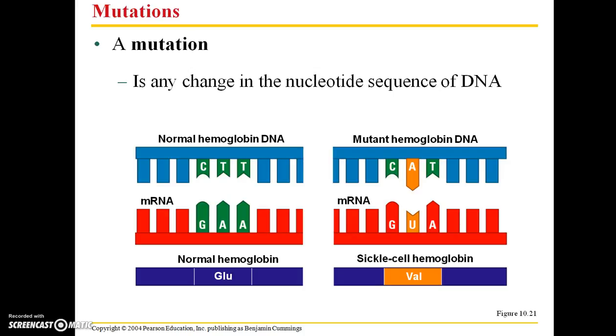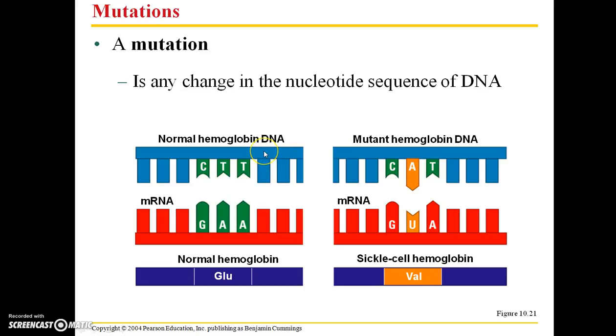A mutation is any change in the nucleotide sequence of DNA. So, for example, we have a normal hemoglobin DNA section here, and this particular codon specifies cytosine, thymine, thymine. Sometimes mutations occur within DNA molecules. In this particular case, we have an adenine substituting for a thymine.